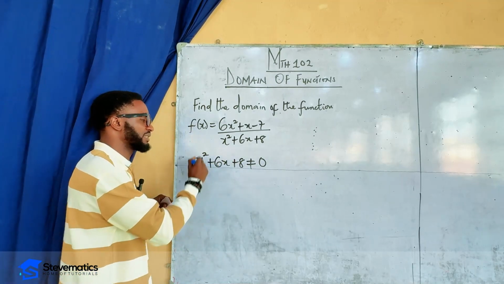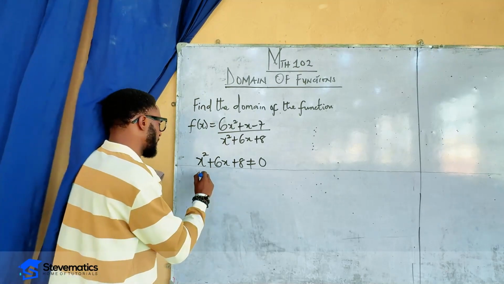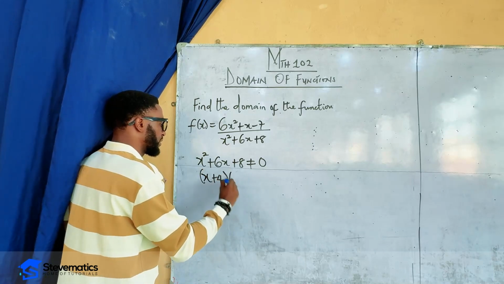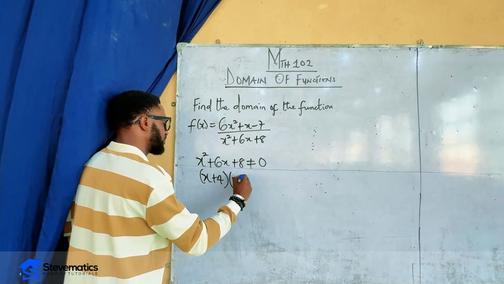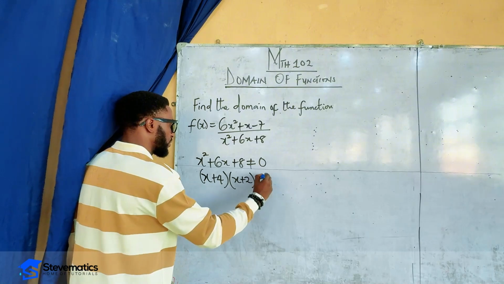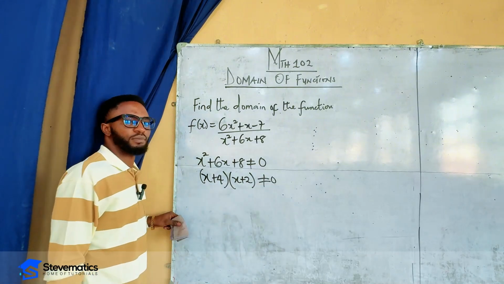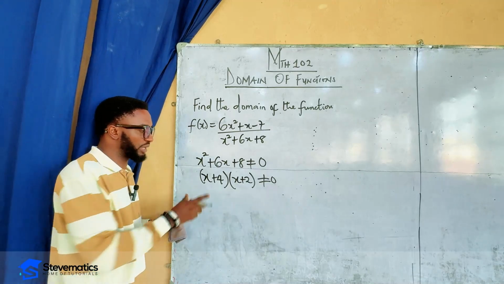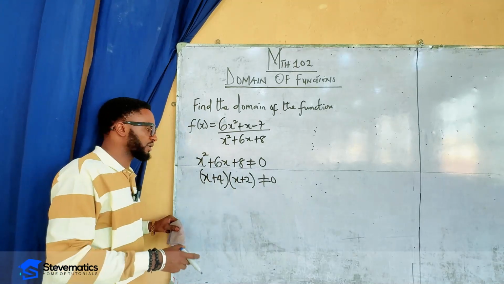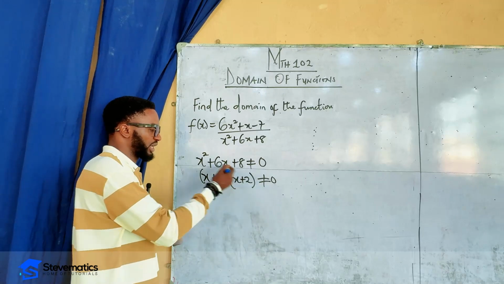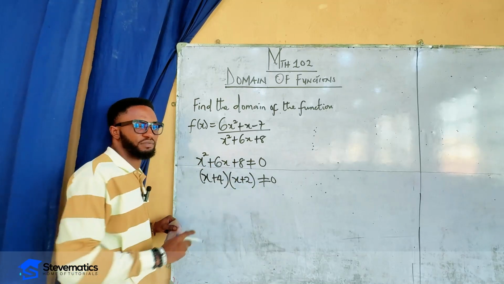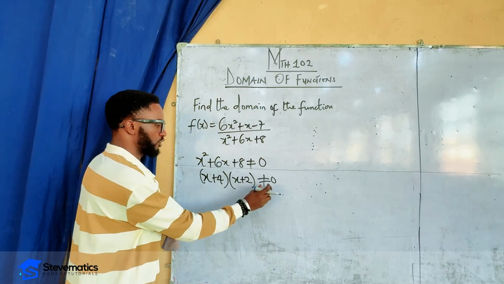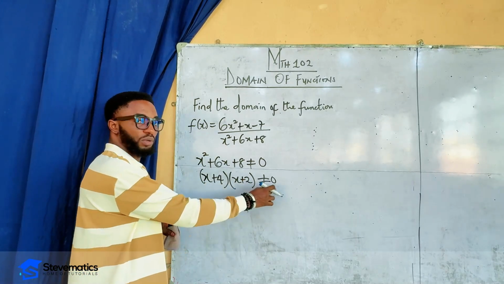So factorizing this quadratic expression gives us x plus 4 times x plus 2 not equal to 0. This quadratic factorization, you still have the idea of that, so I don't need to do the whole steps here. If you open this bracket, it's still going to take you back to what you have here. So this one must not be equal to 0, and this other one must not be equal to 0.